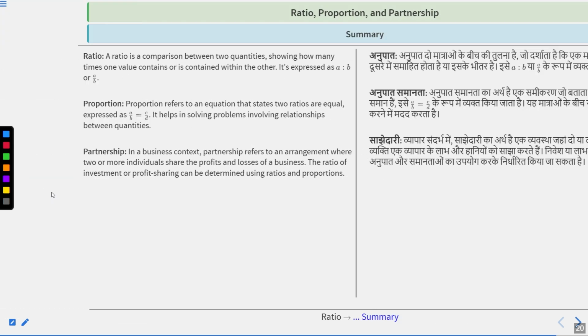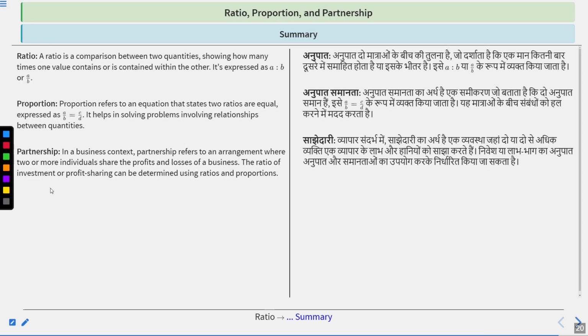Clear? Next one. Now let's summarize today's lecture. First one is ratio. A ratio is a comparison between two quantities showing how many times one value is contained within the other. It is expressed as A ratio B or A upon B. In the same way, proportion refers to an equation that states two ratios are equal, expressed as A upon B equals C by D. It helps in solving problems involving relationships between quantities.